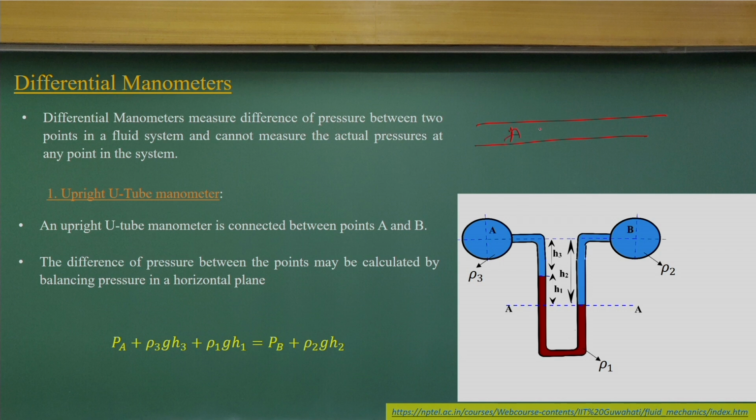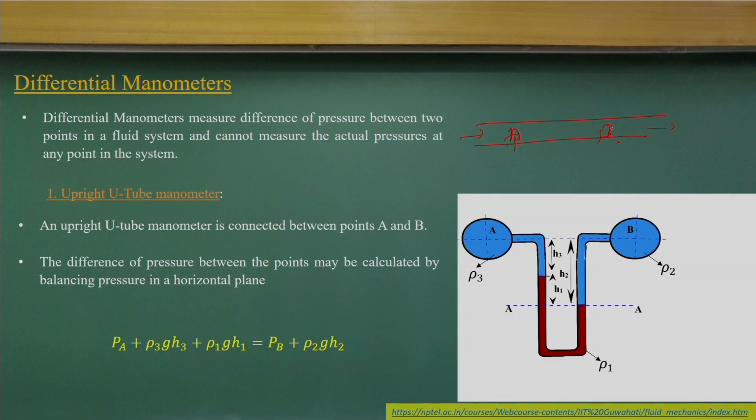Mostly we are looking at two points, like I have a pipe and I have the points A and B. So, this is a pipe flow, and at these A and B locations I want to know the pressure difference between the two points. I am not worried about the absolute pressure at A or at B. I am looking for the relative pressure, the difference between these two points.